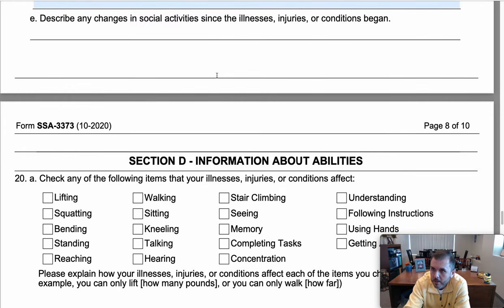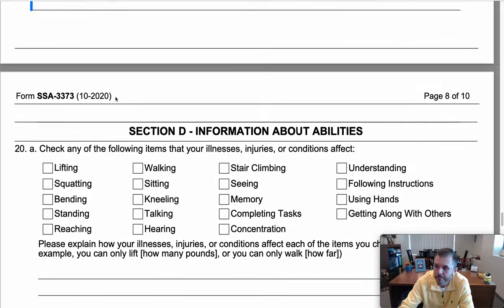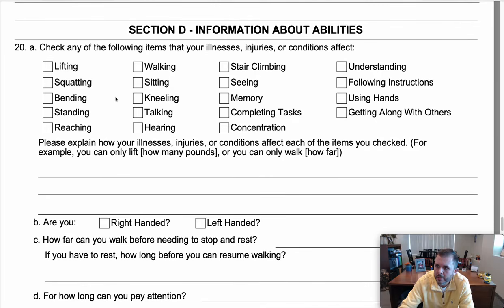That is where you really would let this question shine. But again, they gave you one line, so you have to be brief, unfortunately. But keep in mind that if you're denied, you will get a chance to explain that at the hearing with the administrative law judge.